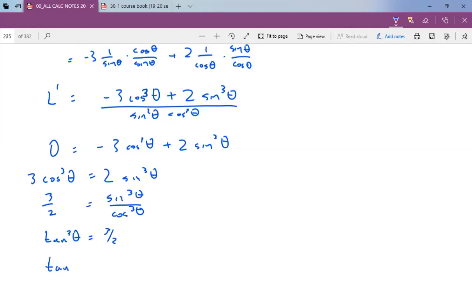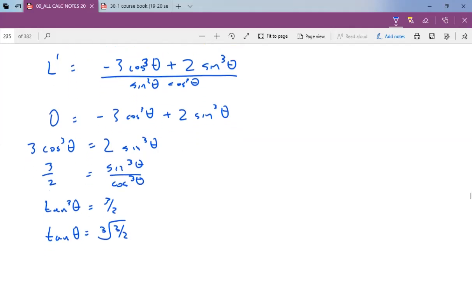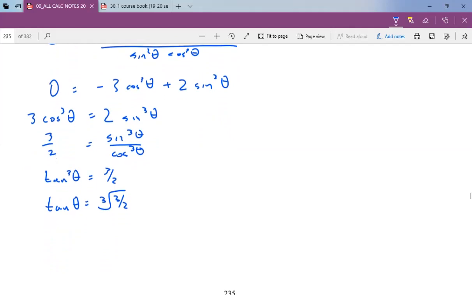We have tan theta is equal to the cube root of 3/2. So if tan theta is equal to the cube root of 3/2, our critical numbers here, we have theta is equal to, if I decimalize that, let's just call it 0.85-ish for now. Also 0 and pi/2.